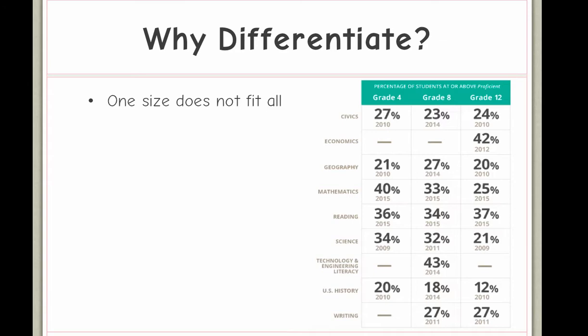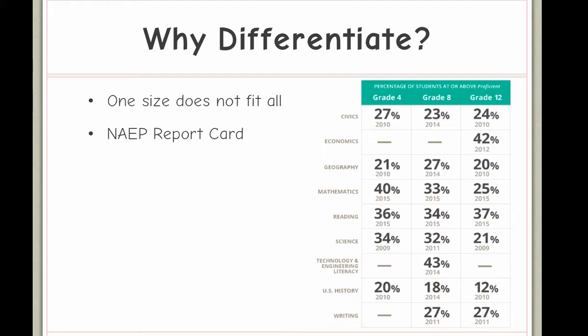Another reason is if we look at data. The data that I have here on our right is from NAEP, the National Assessment of Educational Progress. This is also known as the National Report Card. This is how we look at students across the country and see how they're doing. What we know, as we've measured students' progress over the years, is that there has really been a downward trend in students' success.